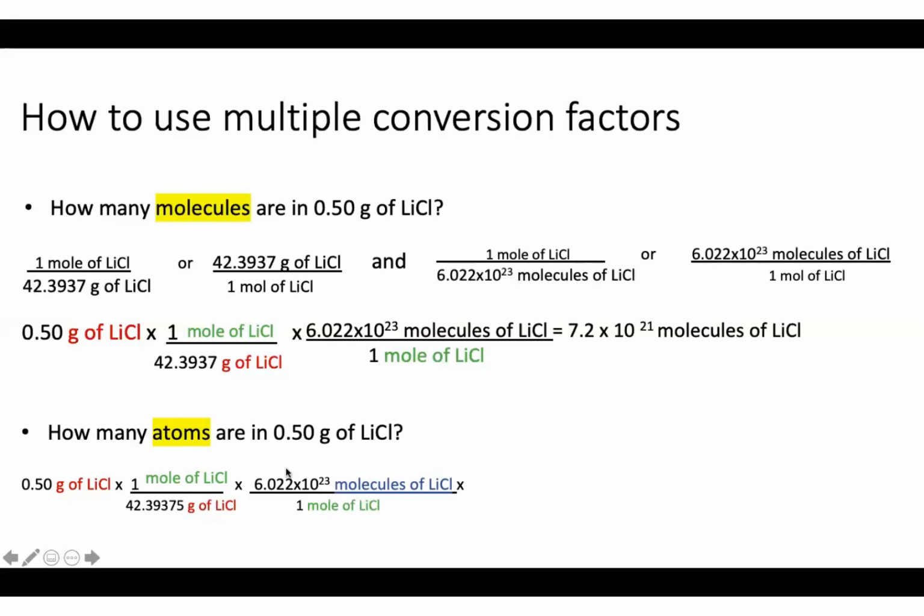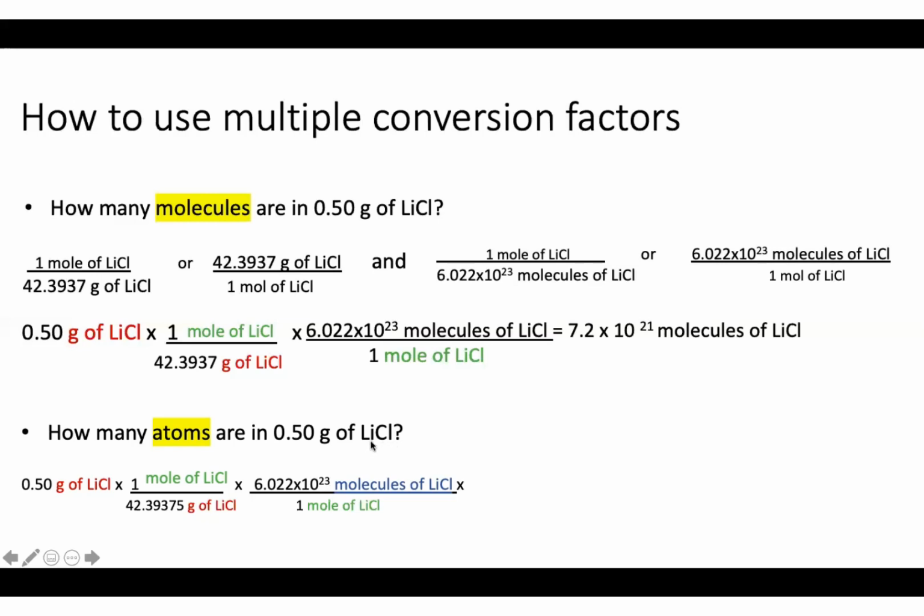So what you're going to do is convert to the mole, then use conversion factor number 4 to find the number of molecules. Then you look at your compound, which is LiCl here. I want you to see how many elements are in this compound.